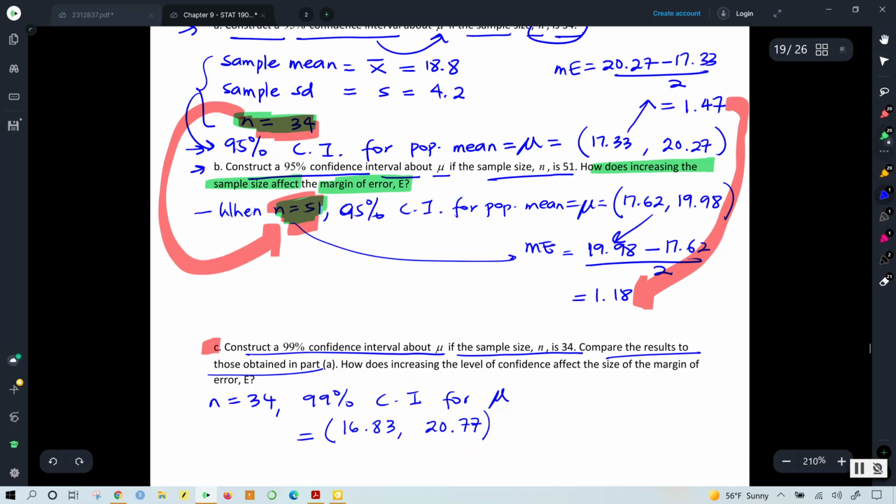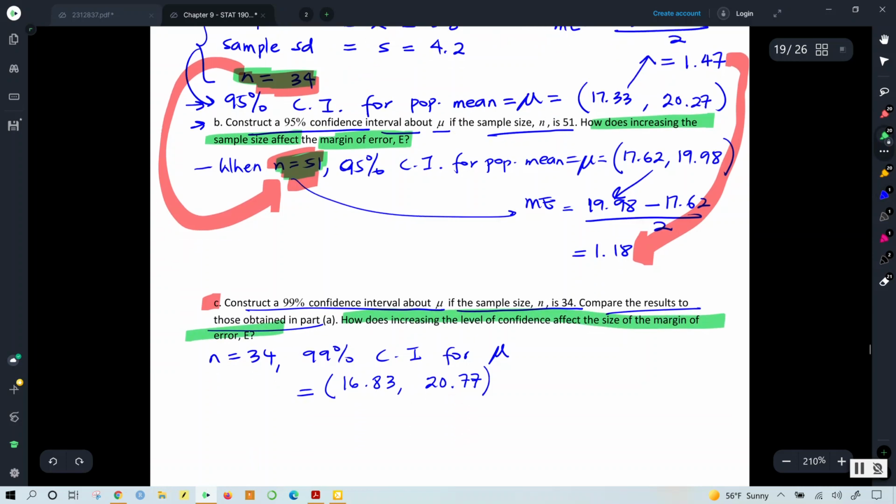Why are we doing this? It is because we want to see how increasing the level of confidence affects the size of the margin of error. So in this case, note that the margin of error is 20.77 minus 16.83 divided by 2. This gives us 1.97.